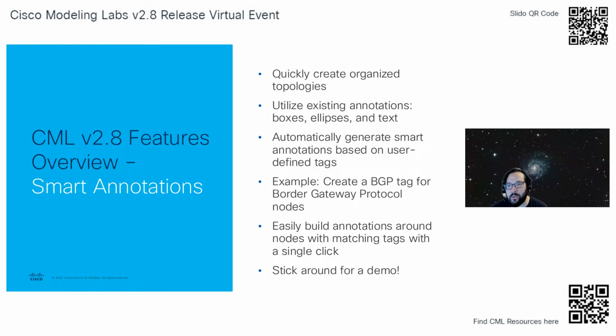For example, you could create a BGP tag, add that tag to your nodes, and with a click of a button it'll create the annotation around them. The cool thing is it's dynamic, so if you move a node around, the annotation stays intact. It's not going to break and make everything crazy. So take a look at that later on in the webinar.